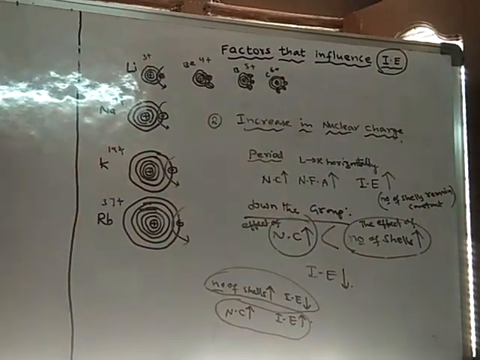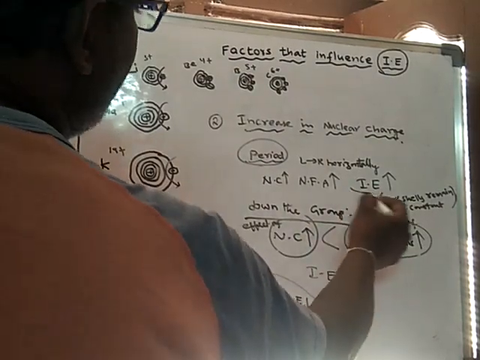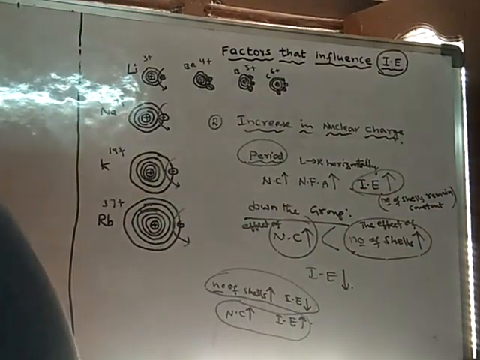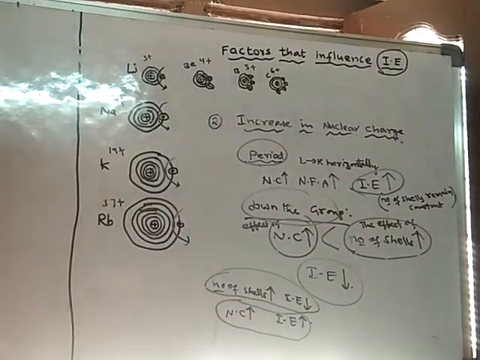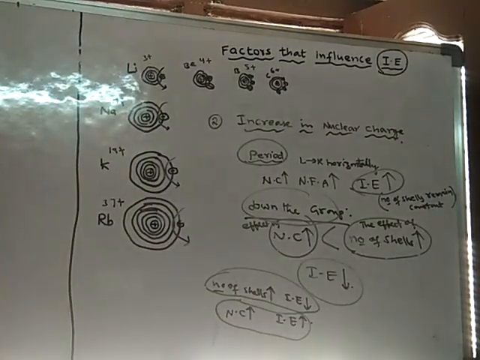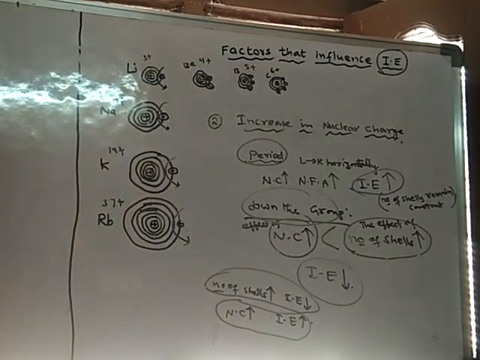Finally we can say that along a period, ionization energy increases, and down the group, ionization energy decreases. These are the things we have to learn.